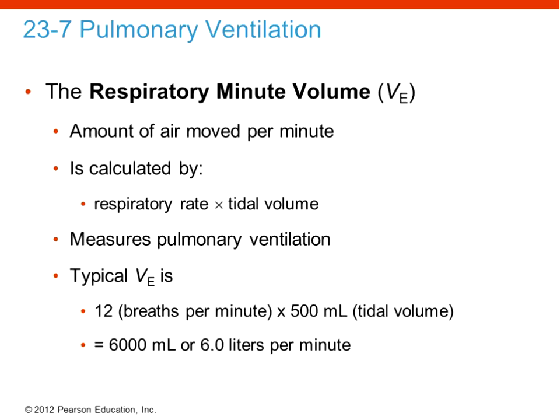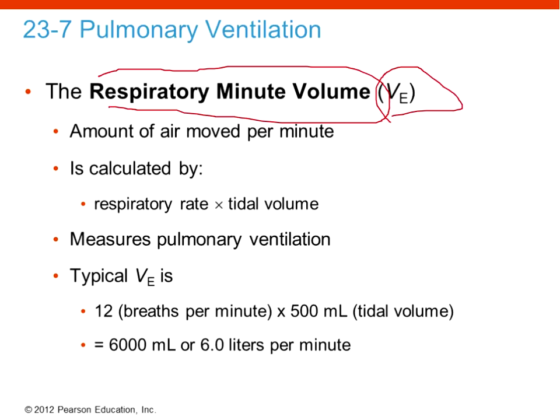So you can calculate what's called respiratory minute volume, or V sub E, which is the amount of air basically moved in a minute. You calculate it by taking the respirations that are occurring each minute and multiplying that by how much air is being pushed. So respiratory rate times tidal volume is going to give you V sub E.